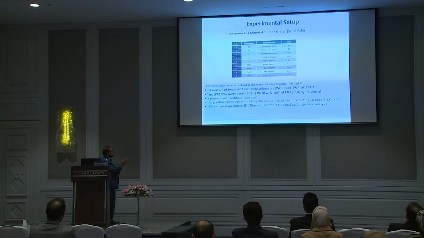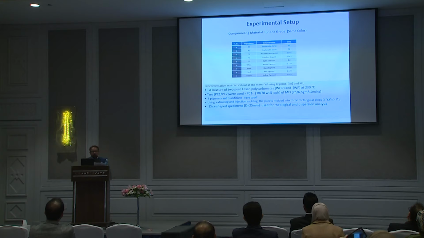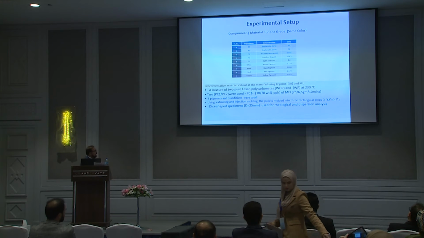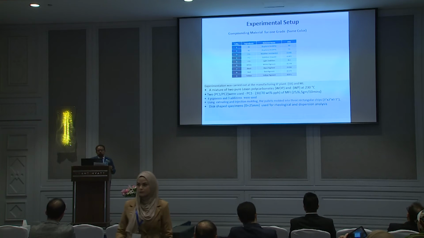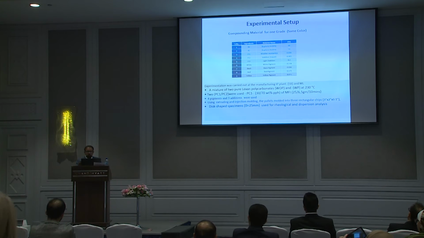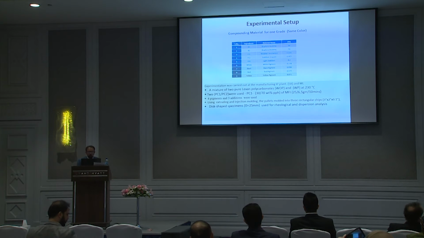The material I prepared was two polycarbonates with different melt-flow index, mixed together to see how it affects the viscosity, plus three additives and four pigments. After that, the material was extruded and put in a molding machine to make rectangular shapes, in order to run experimentation by rheometer, or dispersion by microscope.